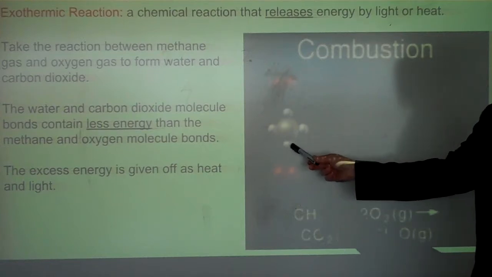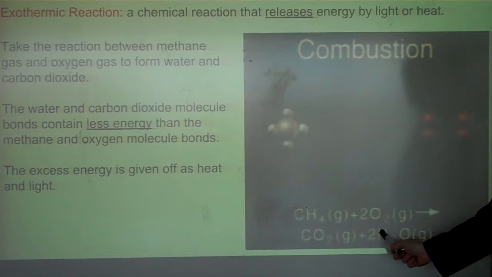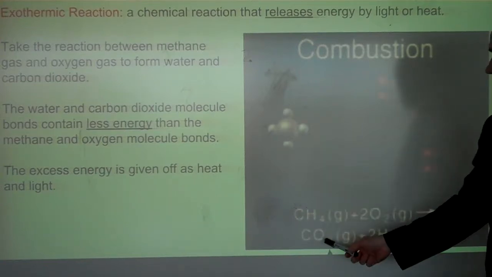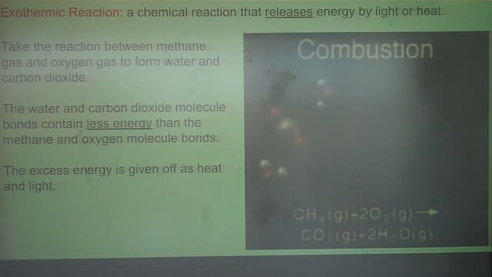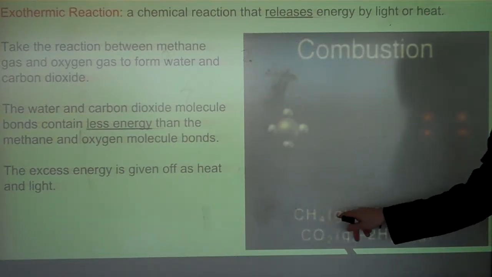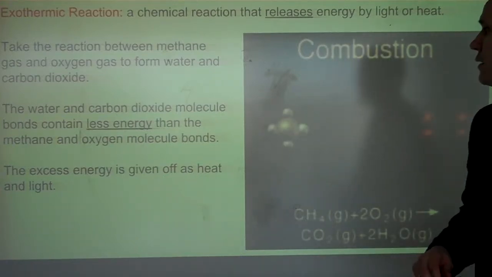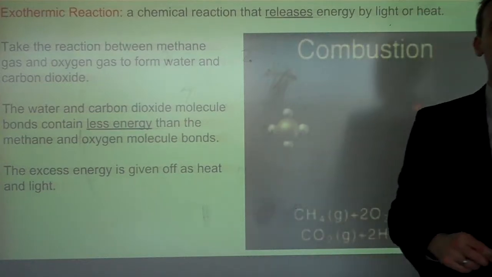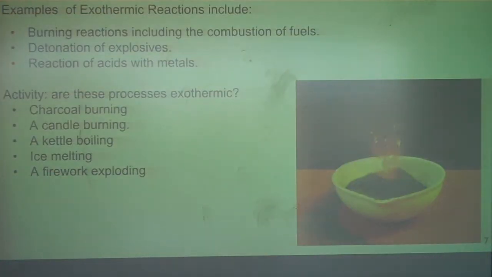The oxygen combines ultimately with the hydrogens to produce H2O, and the carbon combines with the oxygen to produce carbon dioxide. So that is a balanced exothermic reaction, a combustion reaction. Now, you already have all of that information. That's all covered already.